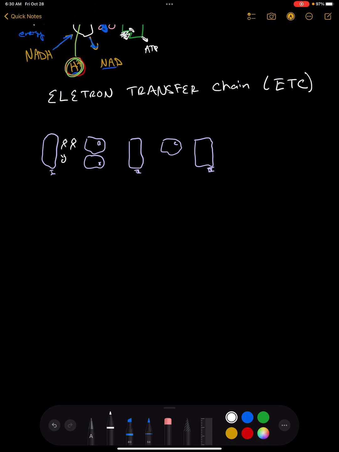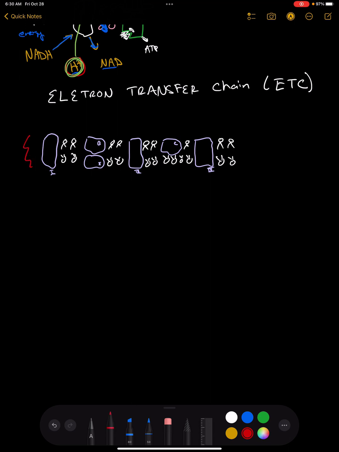So we need to draw phospholipids in the middle of it, so that way we know it's a membrane. Draw a couple more over here. There you go.